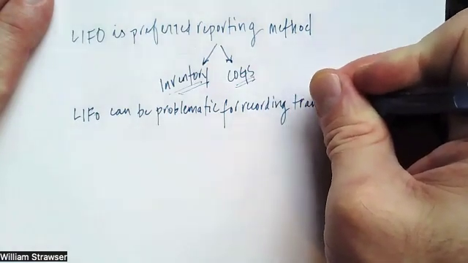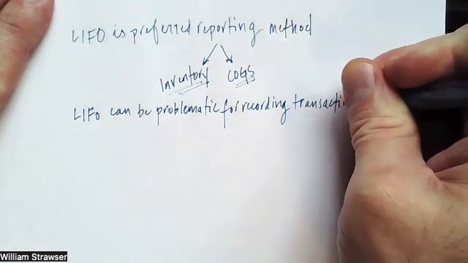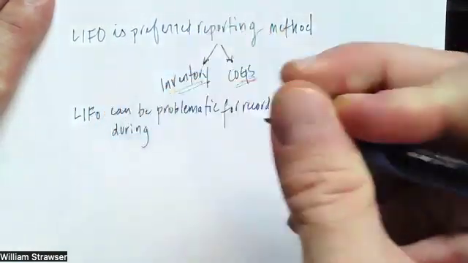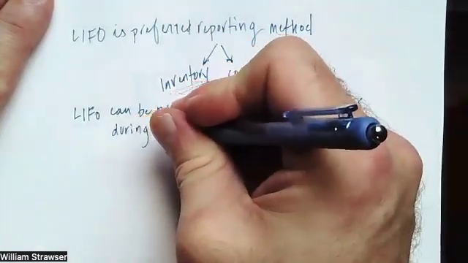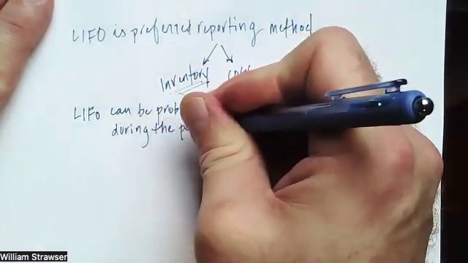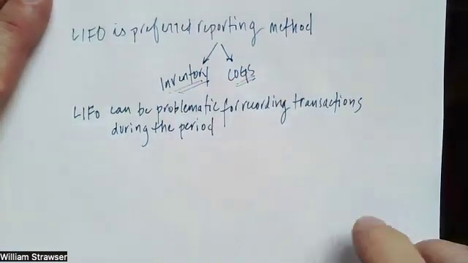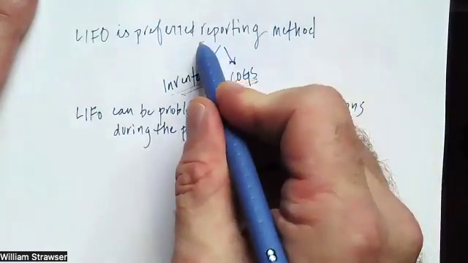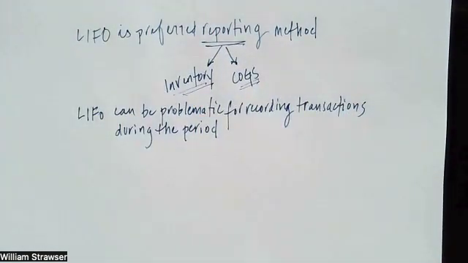And for this reason, companies may decide not to use LIFO, but use, for example, FIFO instead during the period. But there still is this strong desire to report using LIFO.